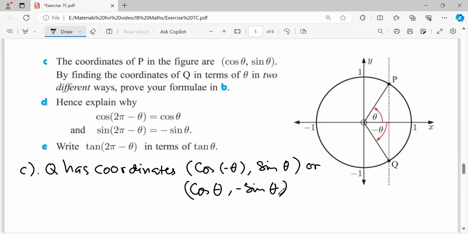So why? Because Q is a reflection of P. Look at the position of Q. P here. Reflection of P equals Q. So the coordinate point of Q is (cosine of minus theta, sine of minus theta), or (cosine theta, negative sine theta).